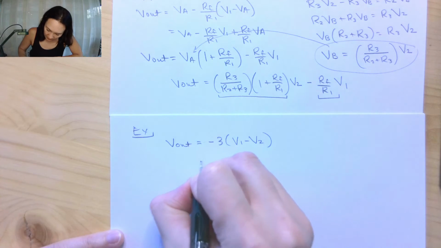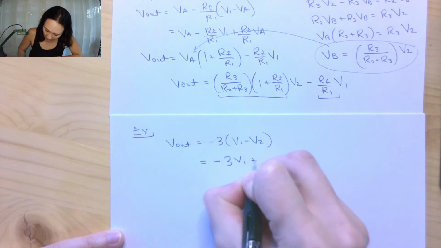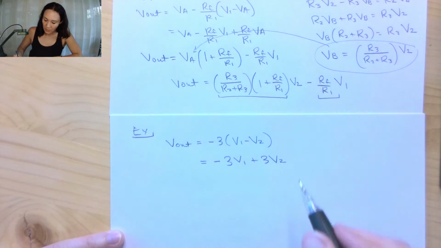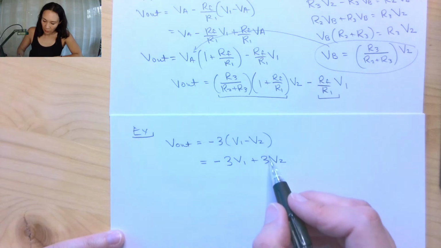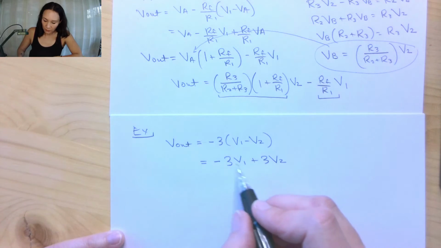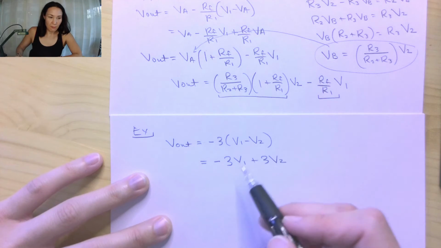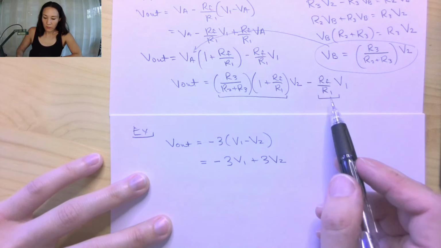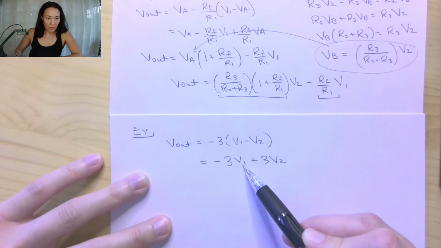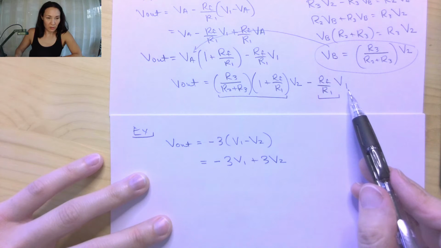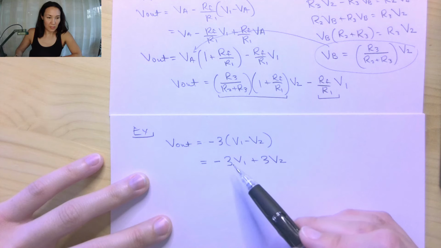Okay, great. So what is this equation actually saying? This is -3 V1 plus 3 V2. So V2 is going to have a coefficient of +3, and V1 is going to have a coefficient of -3. So if I match this to my Vout equation here, and that's my V1 term in the equation, then I want RF over R1 to be equal to 3.